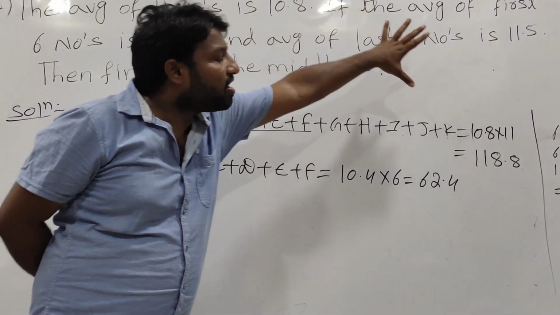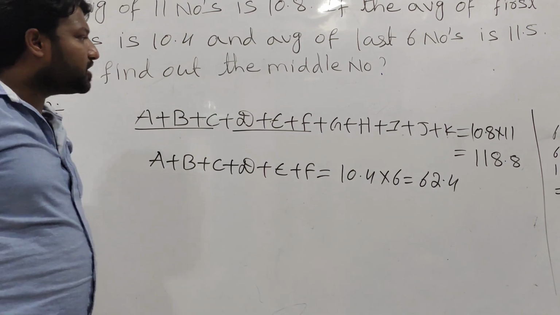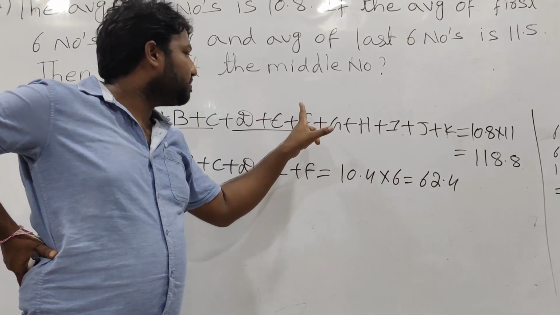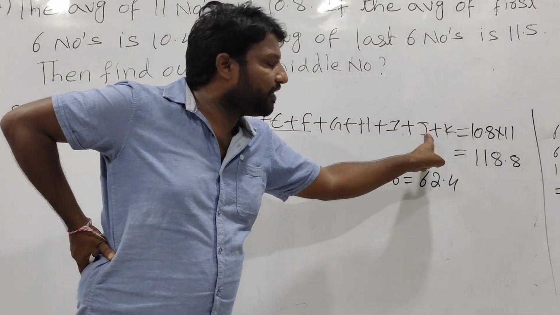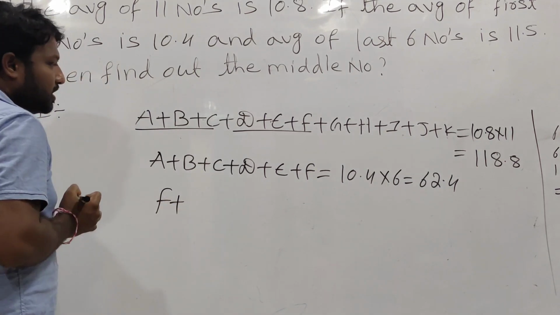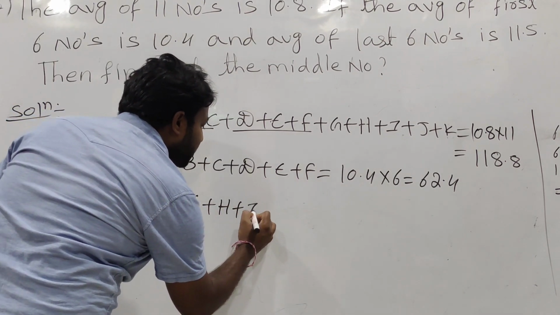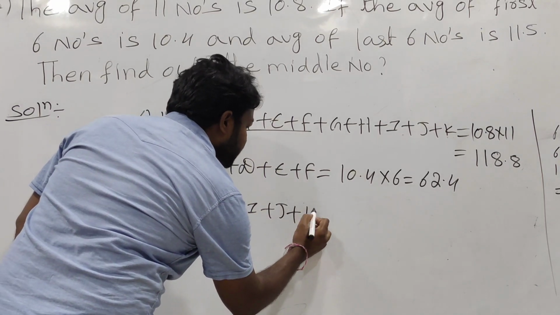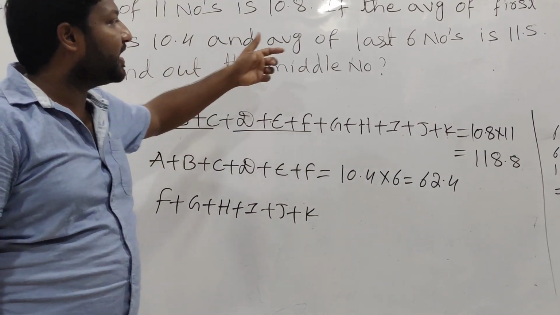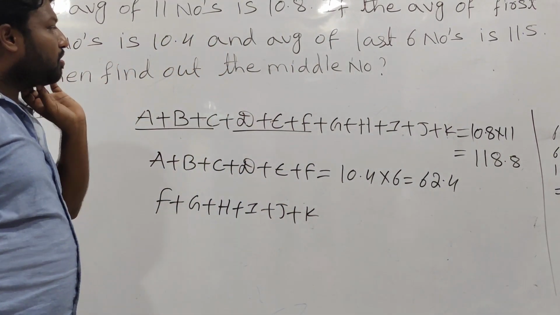And the average of last 6 numbers is 11.5. So they have given the average of last 6 numbers. The last 6 numbers are F, G, H, I, J, K. Now what will be the sum?